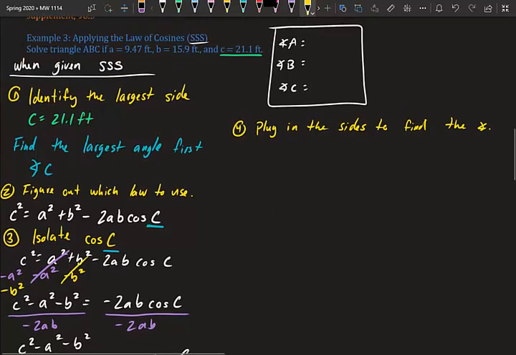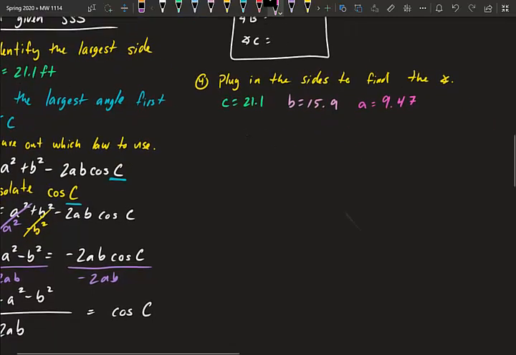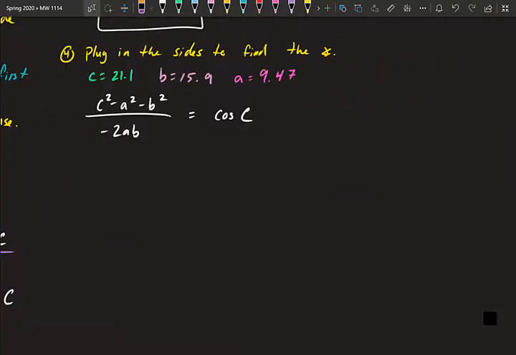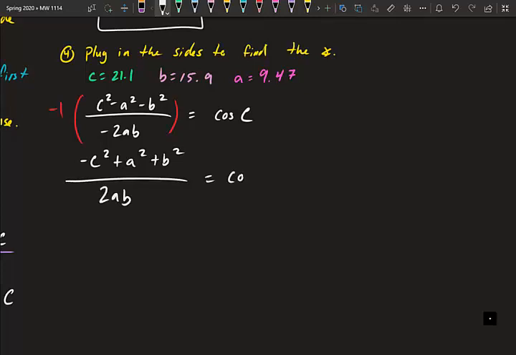So again, our sides that we have: C, which is 21.1, B, which is 15.9, and A, which is 9.47. So let's go ahead and plug it in. Now we'll take that negative and bring it out. So all that means is we're going to multiply by a negative 1 to everything. So we'll have negative C squared plus A squared plus B squared over positive 2AB equals cosine C.